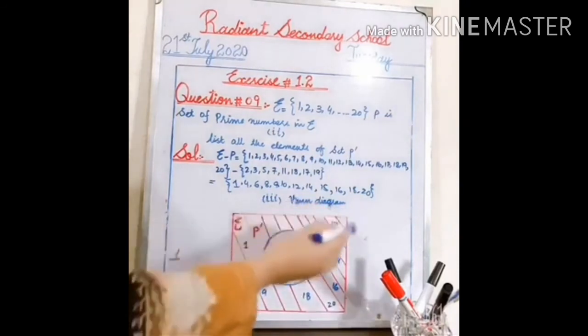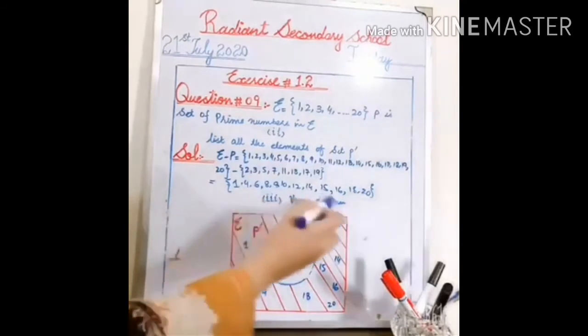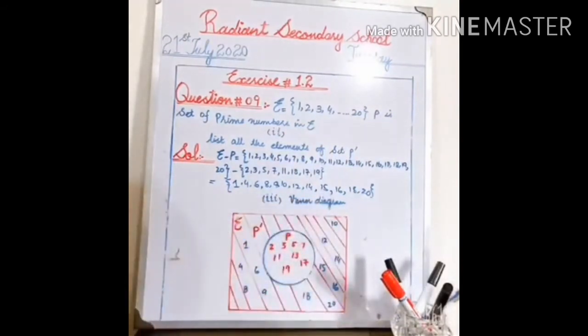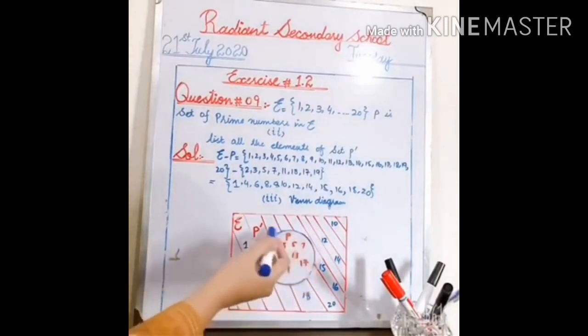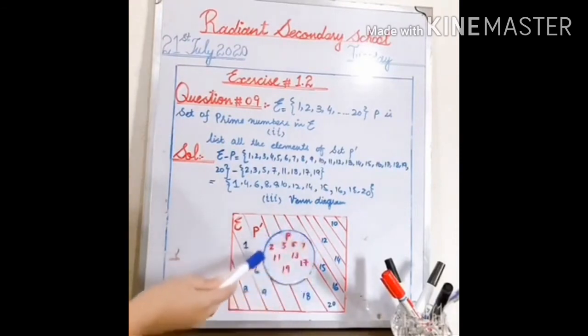This square box is representing the set E, means this box contains all the elements of set E. Now we will draw a round circle and in this circle you will write down the elements of prime numbers, those elements which are of set P. So 2, 3, 5, 7, 11, 13, 19, 17, these elements are written in the circle.